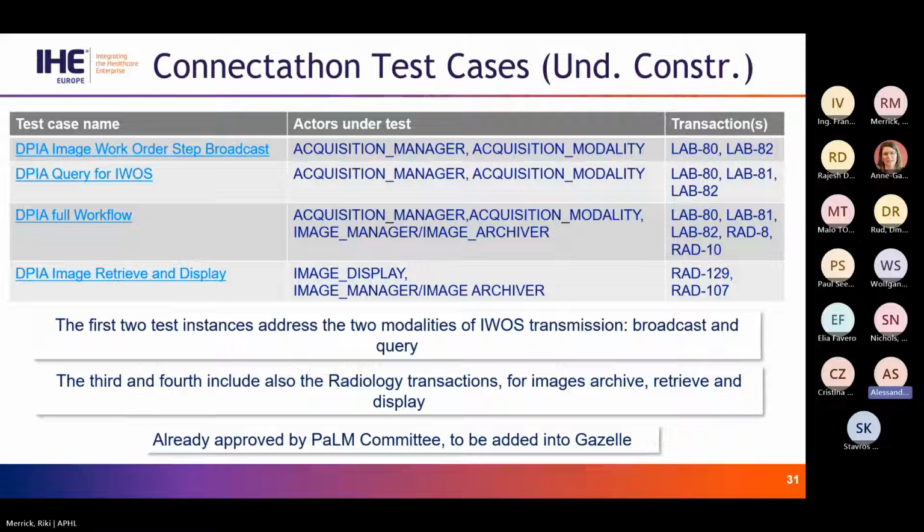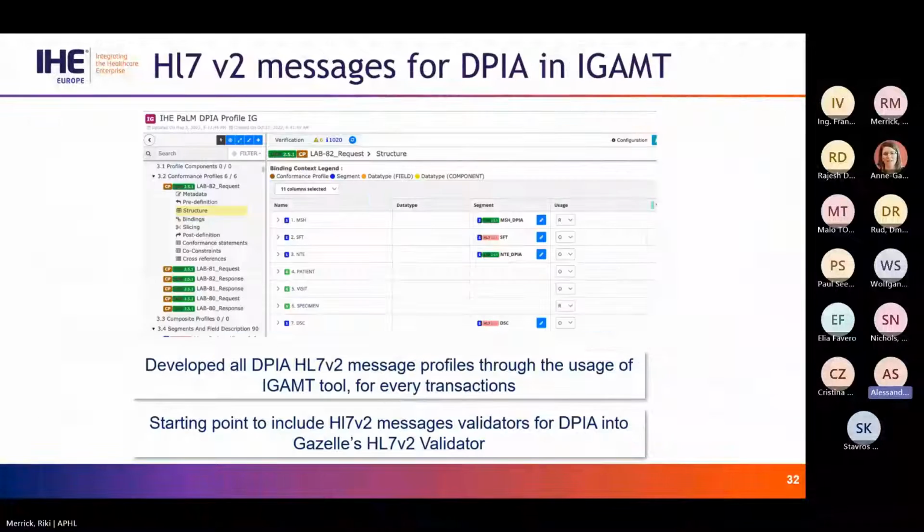So we have used the IGAMT tool to build the profiles for all HL7 messages used in DPIA in a way that, starting from this profile, we will be able to generate all the specific HL7 version 2 validators for DPIA.